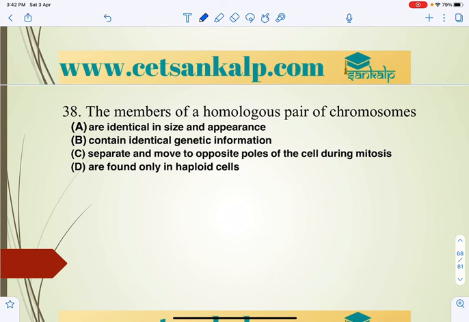And members of a homologous pair of chromosomes, what are those?